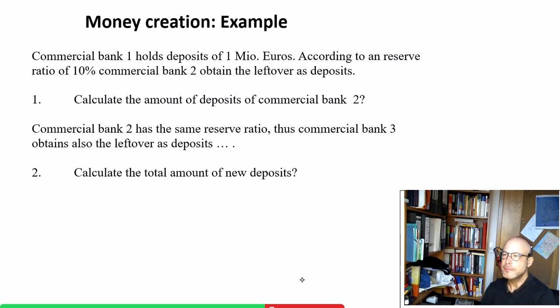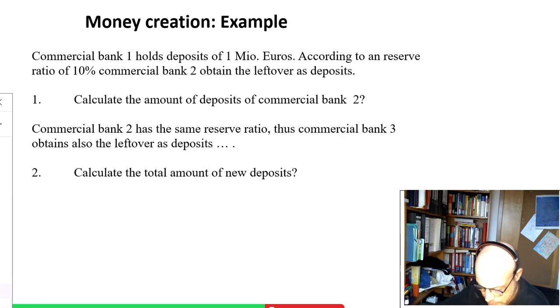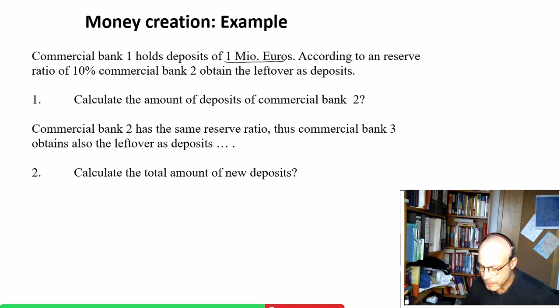So let's make an example. Let's say commercial bank 1 holds 1 million euros. And from this total amount of deposits, the first bank gives away a credit volume of 90% of these 1 million euros, assuming a reserve ratio of 10%.